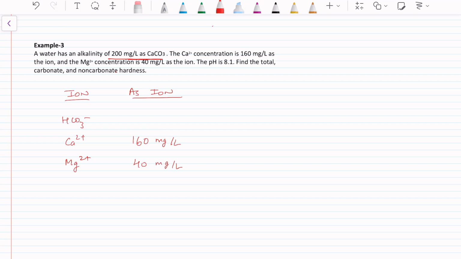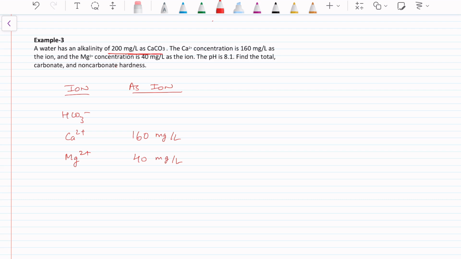The pH is 8.1. Find the total carbonate and non-carbonate hardness. In this case, you recall when the pH is about 8.1, all the carbonate exists as bicarbonate. So the alkalinity that we have is equivalent to the bicarbonate concentration.